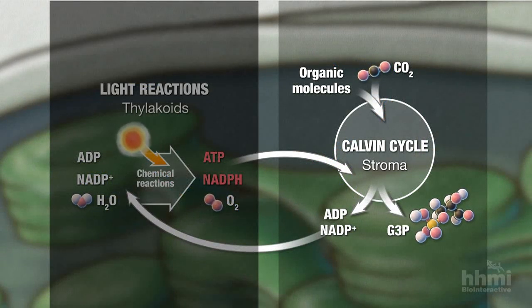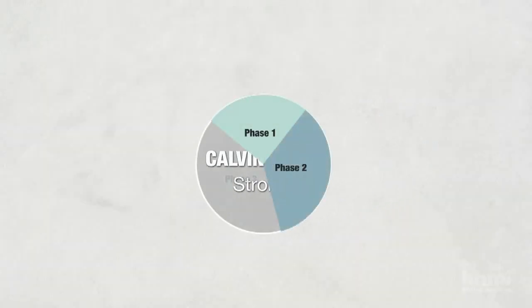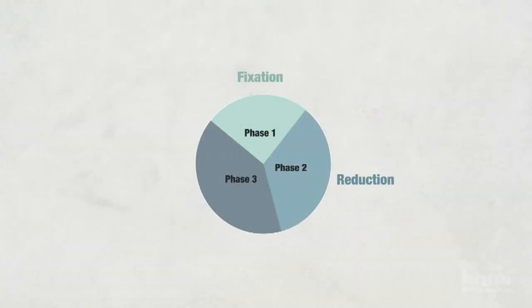The Calvin cycle takes place in the chloroplast stroma, the watery clear fluid surrounding the thylakoids. It's helpful to think of the Calvin cycle in 3 phases: fixation, reduction, and regeneration.